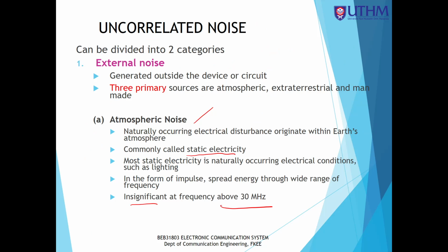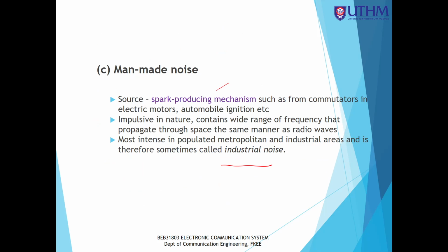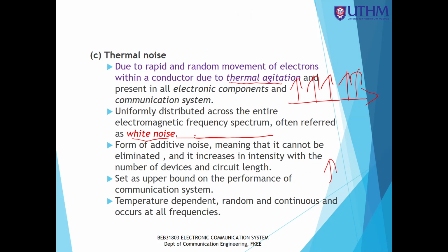Dan kita telah lihat apakah itu internal dan juga external noise. Kita telah lihat dia punya definitions. Dan kita telah melihat juga berkenaan dengan thermal noise. So thermal noise is the uncorrelated noise dalam kategori internal noise, okay, yang berlaku di dalam sistem.